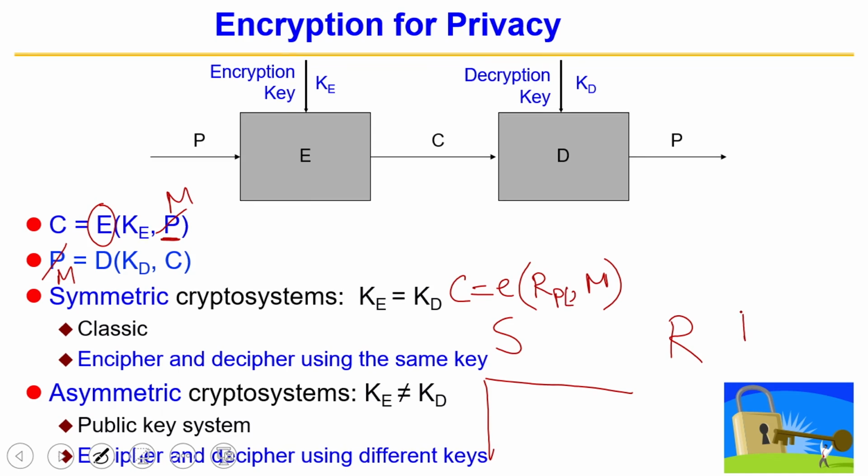And the way the algorithm is designed, when the receiver receives this ciphertext, it decrypts the message using its own private key, let us call it PR, and nobody else knows the private key.